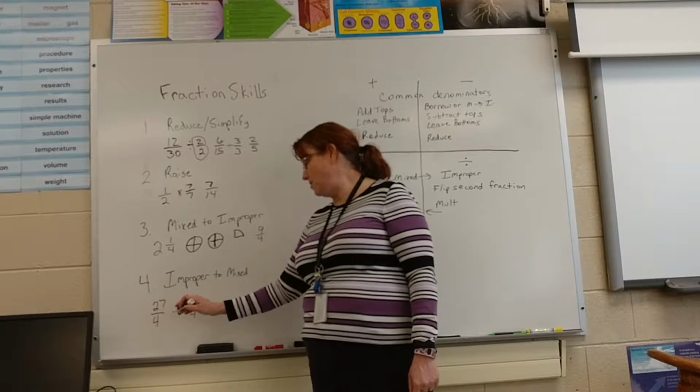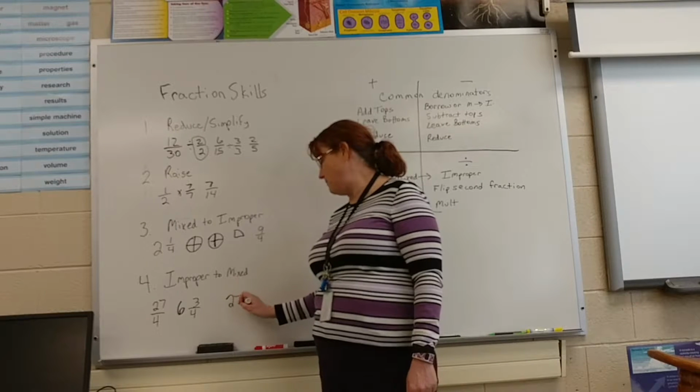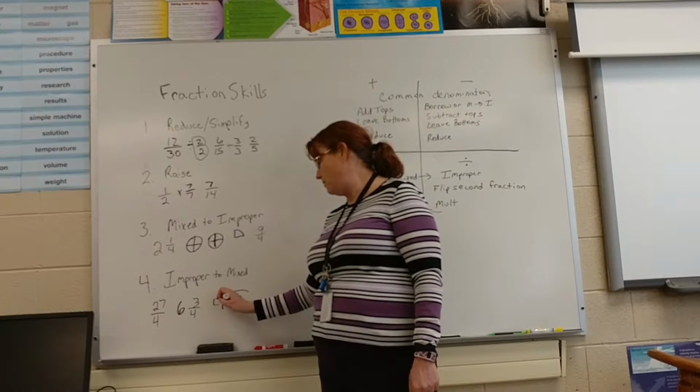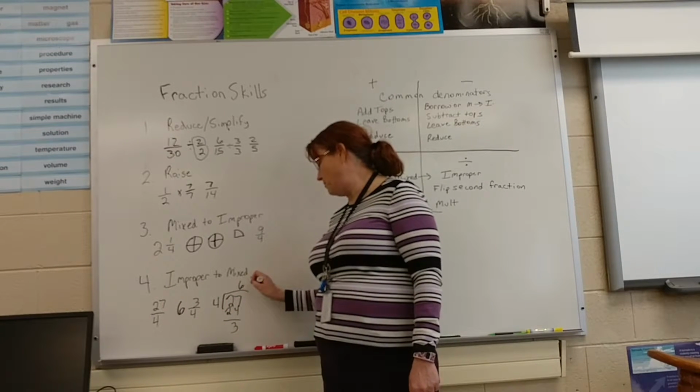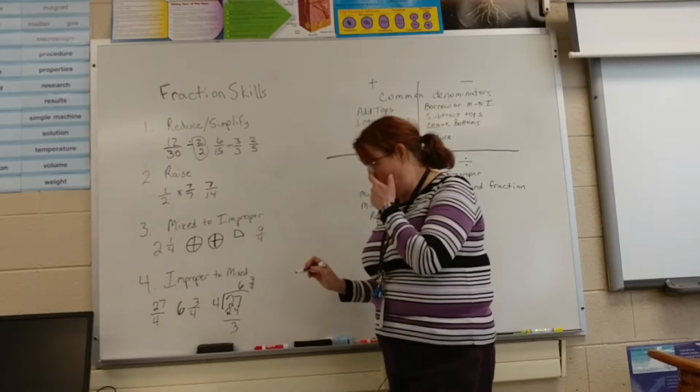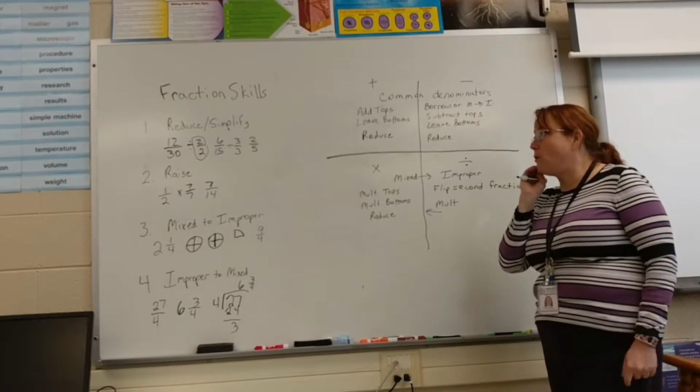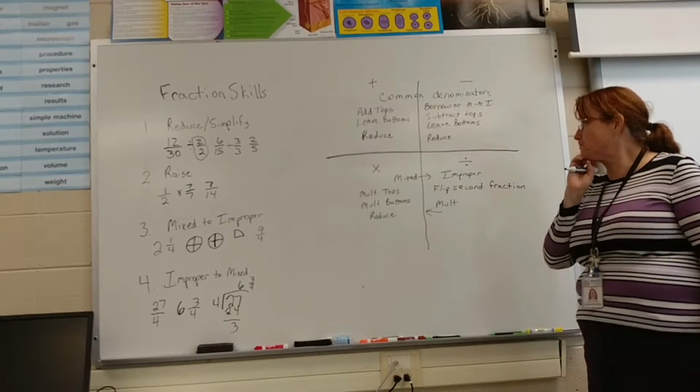So you take the top number and divide it by the bottom number. 27 divided by 4 goes into that 6 times, which is 24. And this 3 is put over top of the 4. So that's your 4 skills of fractions.